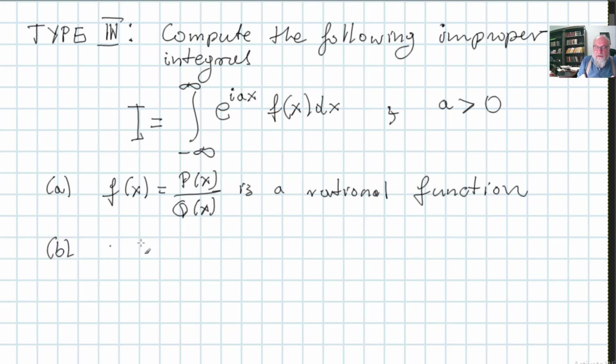So we will assume that q of x is different than 0 when x is real, so that means there are no singularities on the real line.